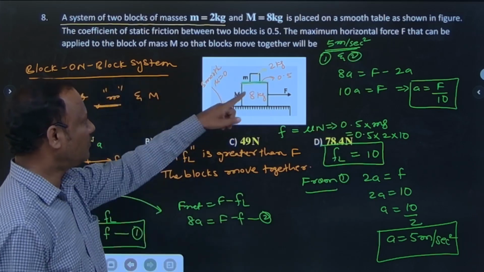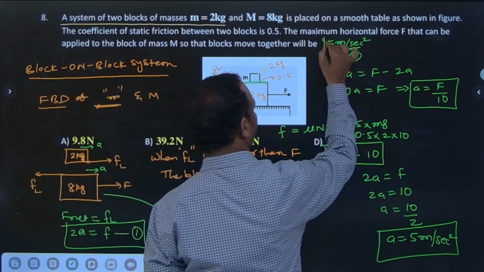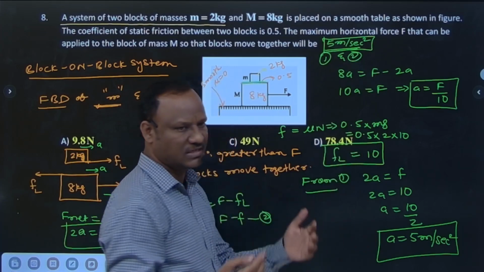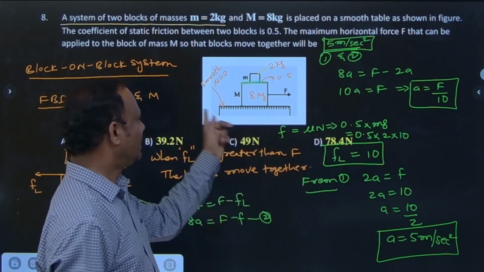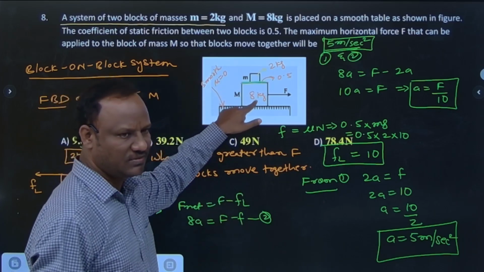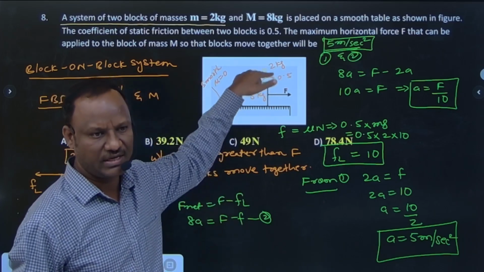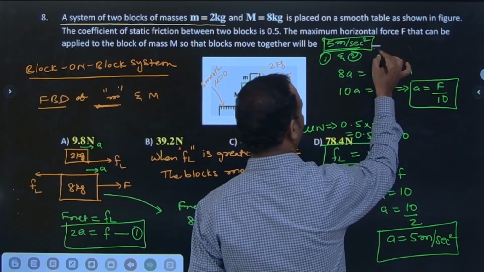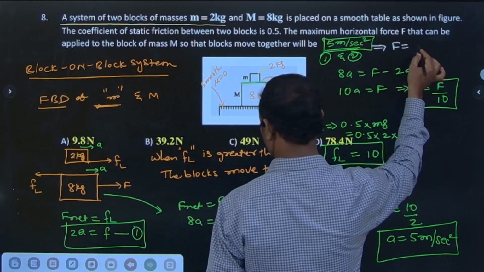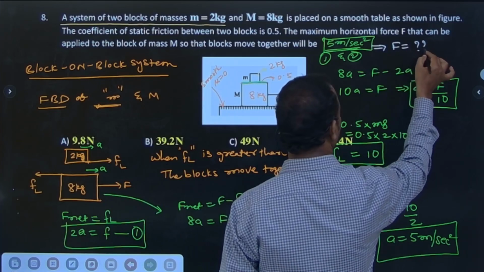So here the answer is 5 meter per second square. Common acceleration means both of them are moving together. Different accelerations would mean this one has a different acceleration and that one also, A1 and A2. From here, the maximum horizontal force F is equal to what?